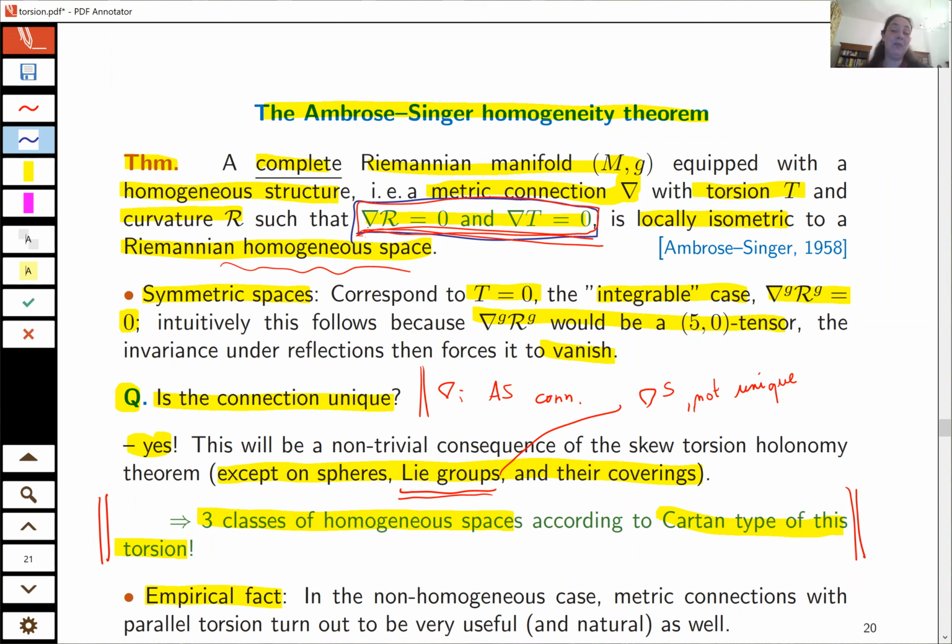So you can weaken the system by either throwing away one equation or modifying the equations. And it turns out that actually what you throw away is the curvature condition and you keep the torsion condition. So the empirical observation is that for non-homogeneous manifolds, metric connections with parallel torsion are going to be the instrument of choice and will be natural and useful.